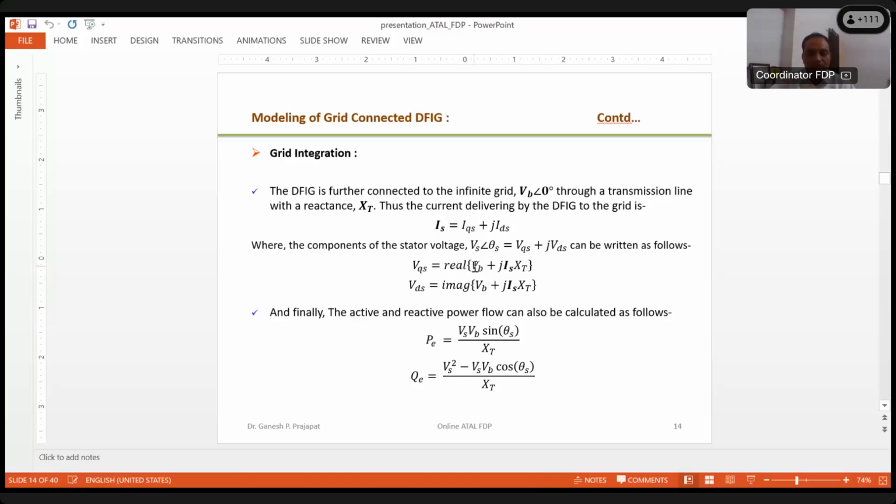Here VB is the infinite bus voltage. I have considered the grid as an infinite bus, meaning a terminal where a constant voltage with constant frequency is available. That is generally modeled in power systems as an infinite bus. Accordingly, the active and reactive power are there.